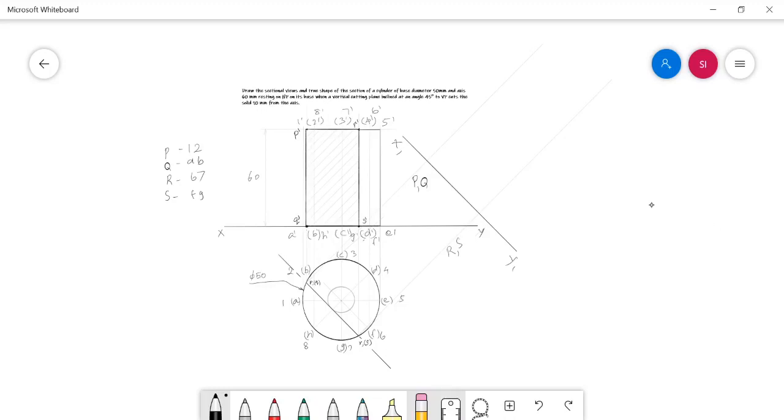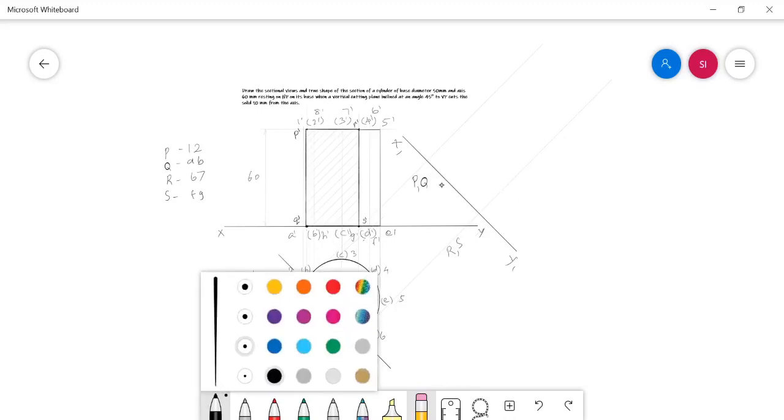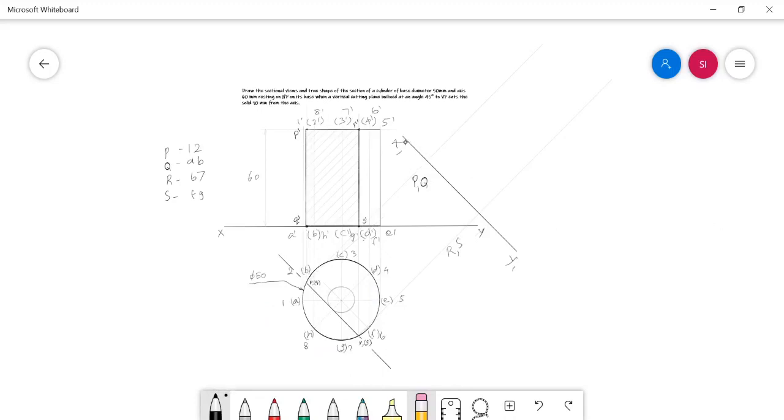So in the projector of the cut point P, from x1 y1, I am marking the point P at 60 mm. This is point P. In the same way, point Q is on xy itself, so here also I need to mark the point Q on x1 y1 itself. Here is the point Q. Similarly, the cut point R is also 60 mm apart from the xy line.